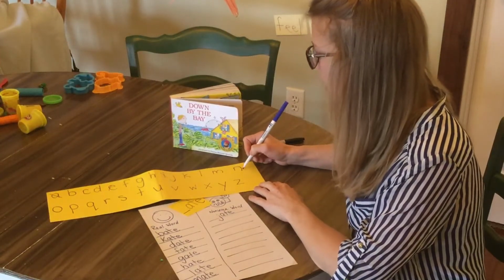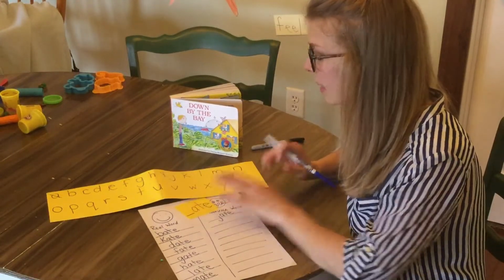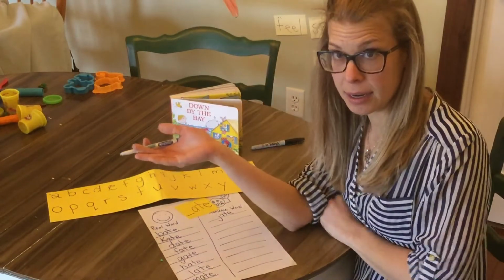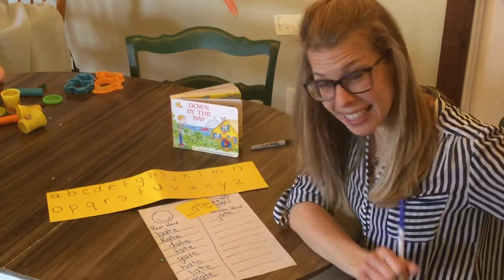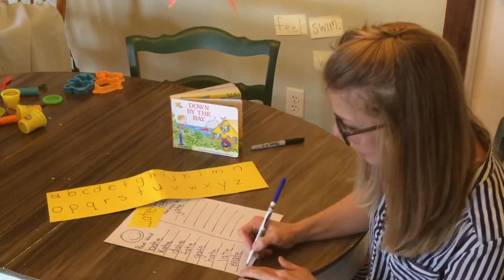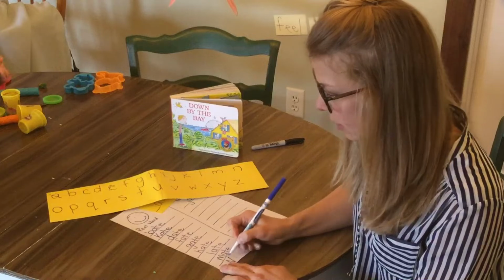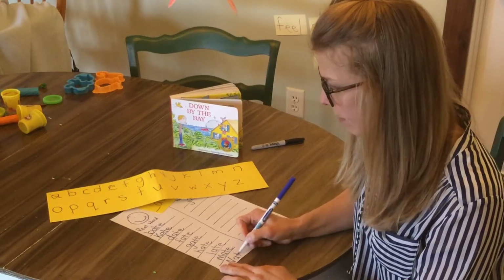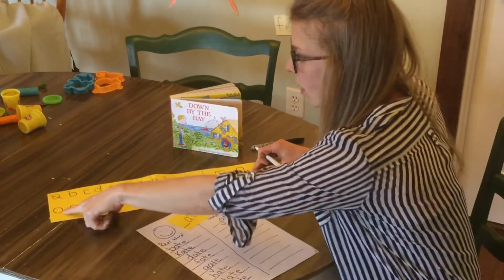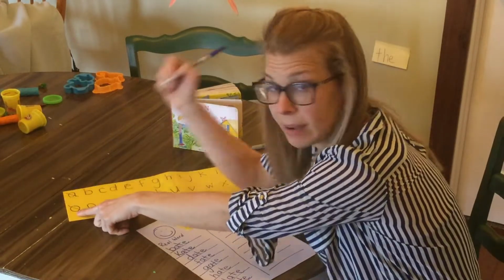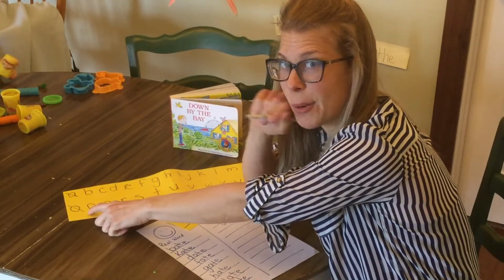L, M, N. Let's add that to our ate chunk. Nate. Yes, Nate is a word. It's someone's name, so I'm going to use the uppercase N while I write it. Might as well keep going. O is a vowel. We gotta skip it. We'll do one more together and then you can do the rest at home.